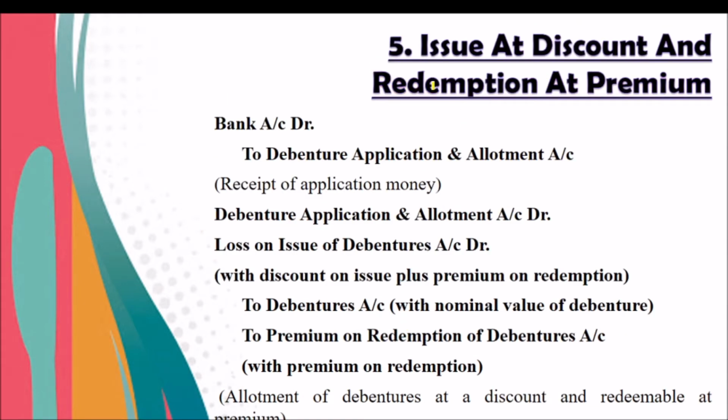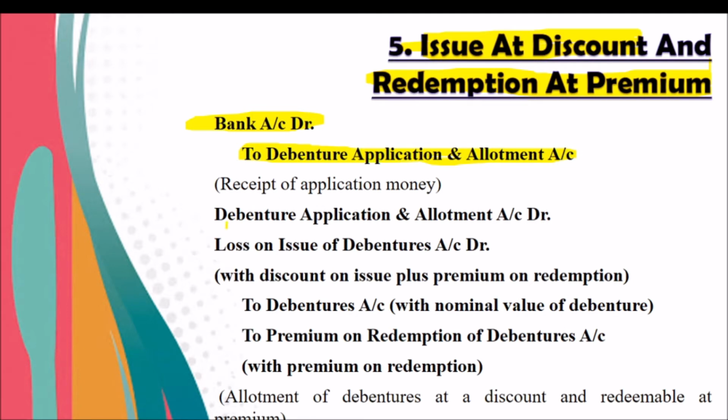Fifth case, issued at discount. The debenture is issued at a discount and redeemed at a premium. The amount of loss will increase because it is issued at a discount. Maybe 100 is the face value, issued at 95, so there is a loss of 5, and redeemed at a premium, maybe redeemed at 110, then the amount of loss will be 5 plus 10, that is 15. The first entry will be bank account debit to debenture application and allotment account.